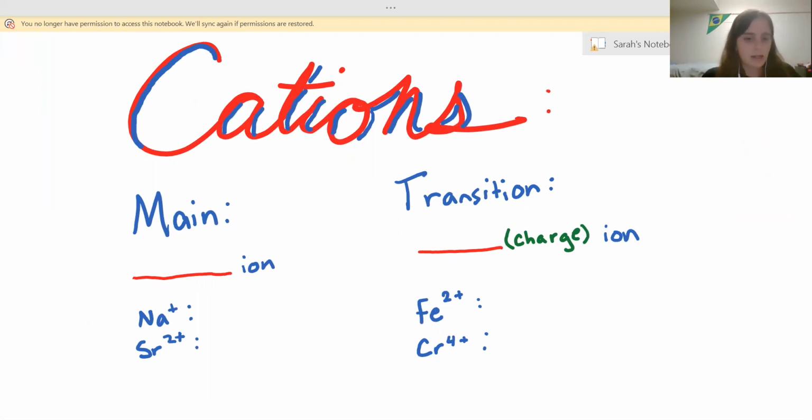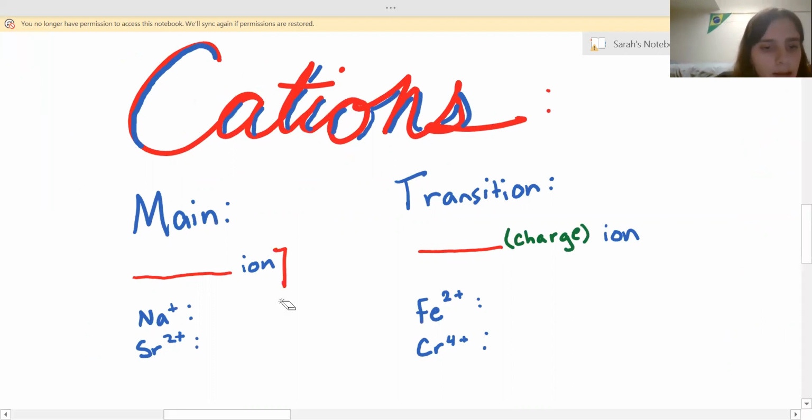For main group cations, because their charge is consistent, we go with a pretty simple rule: the name of the cation and the word ion.